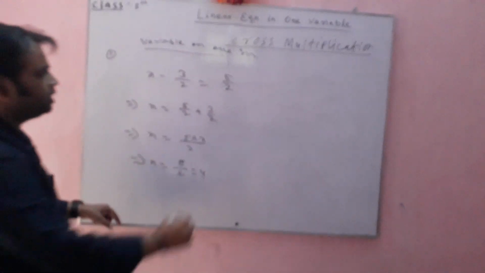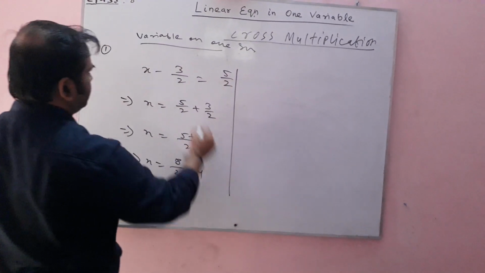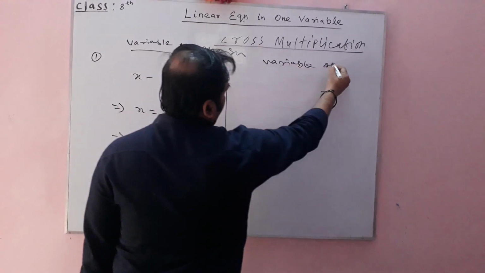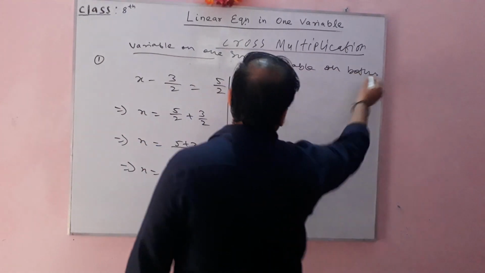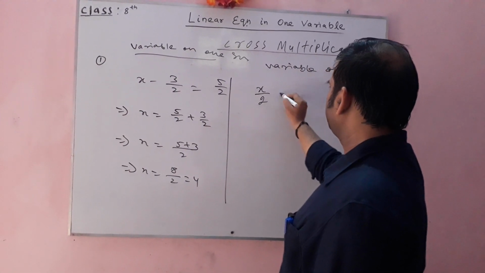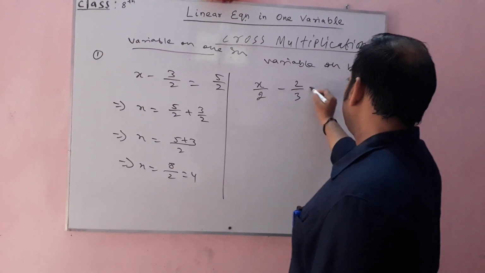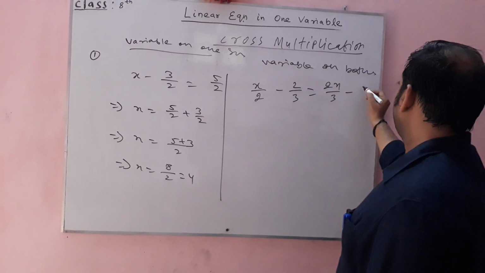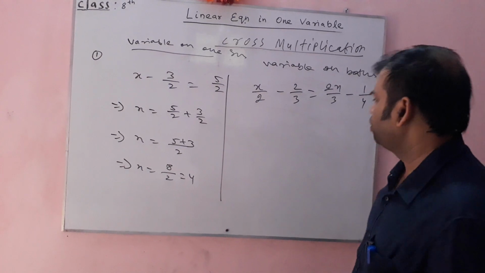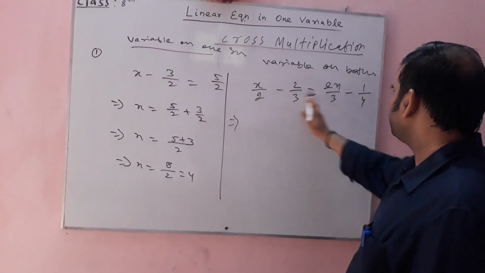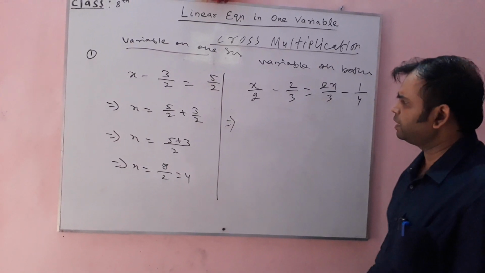Now I am giving one more example, variable on both sides. See here, x by 2 minus 2 by 3 is equal to 2x by 3 minus 1 by 4. What do we do here? The x terms come to this side and the constant terms come to the other side.